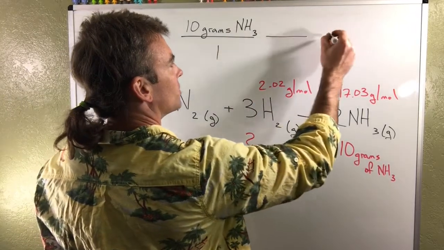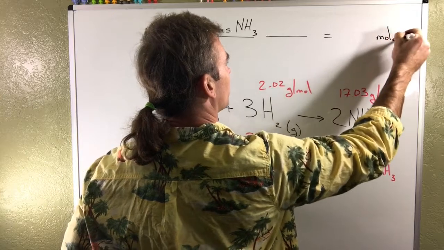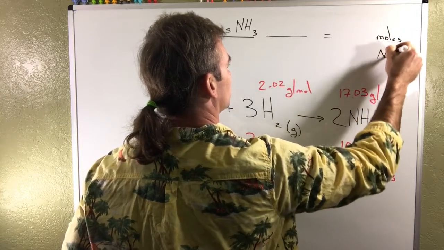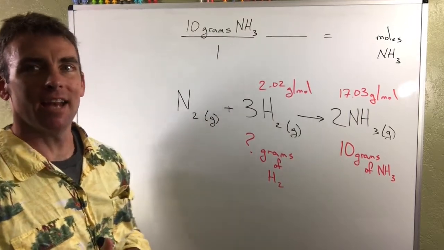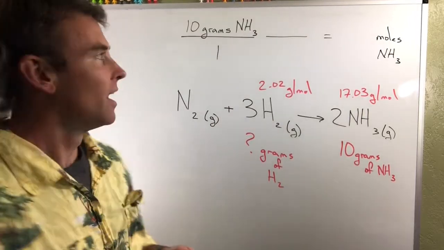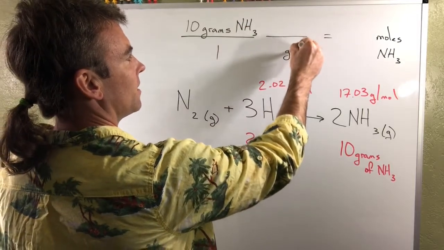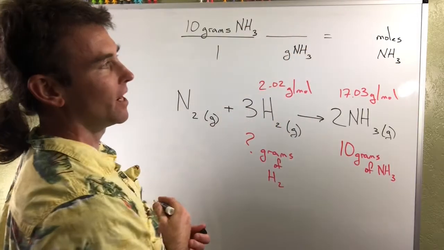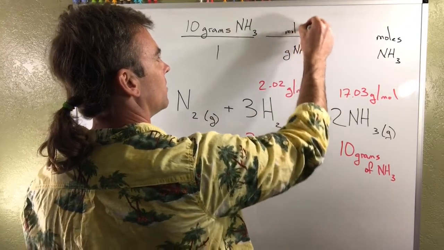We're going to put a conversion factor, and the very first step is to convert this thing into moles. I do the same steps that I've learned again and again having to do with dimensional analysis. I say, what units do I have here that I'd like to cross out? That's the grams of NH3. I want to convert that to the moles of NH3.